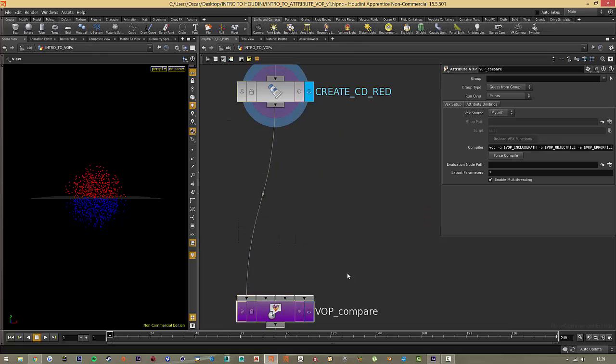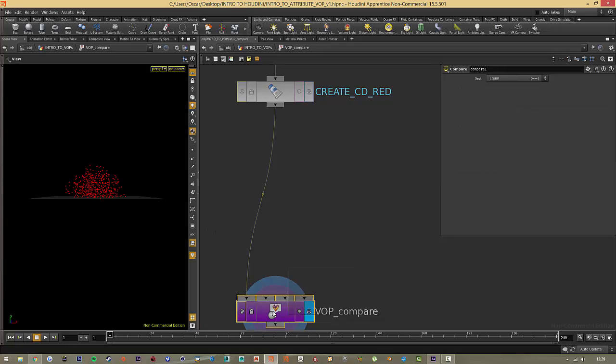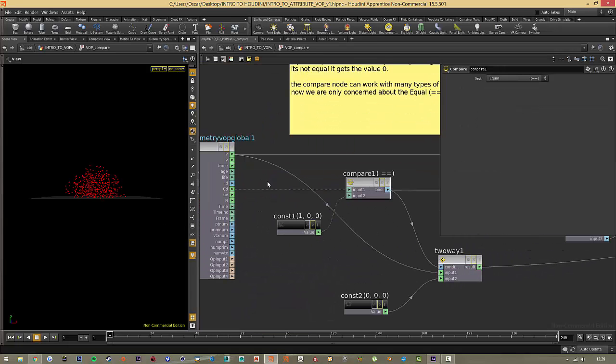And let's visualize the VOP. And as you can see, the red ones stay the same because they grab the original position. They grab the original position since they are true in the compare. And they get a Boolean value 1, which means we switch to the input 1. That is the original position. But the blue points get the Boolean value 0.